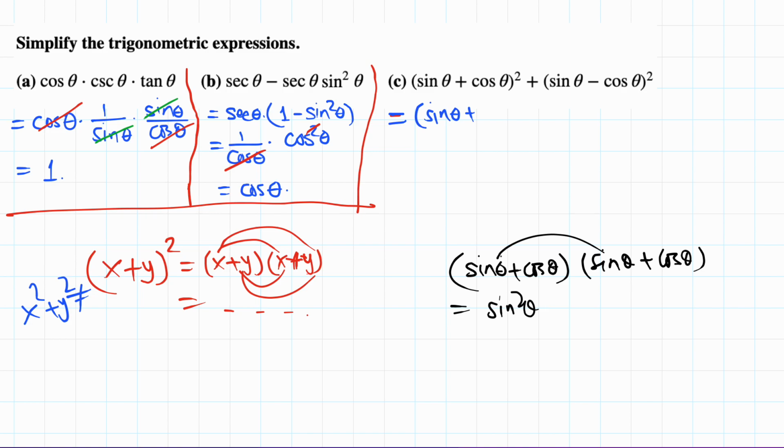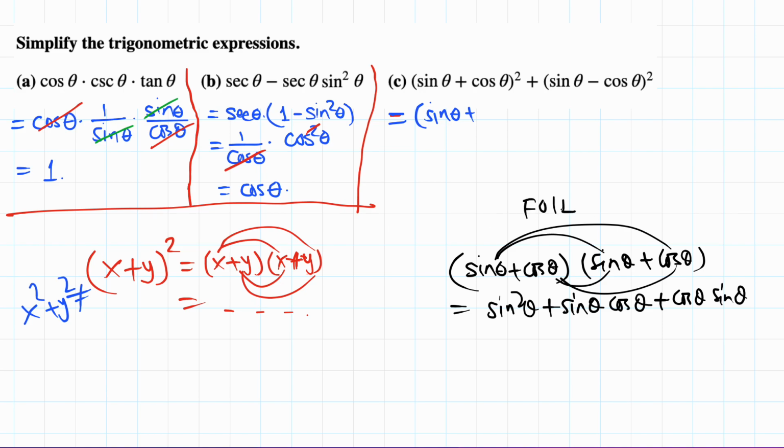This one times this is plus sine theta cosine theta. From here, cosine plus sine, and finally the last, like FOIL, first, outer, inner, last, cosine times cosine, cosine square theta.